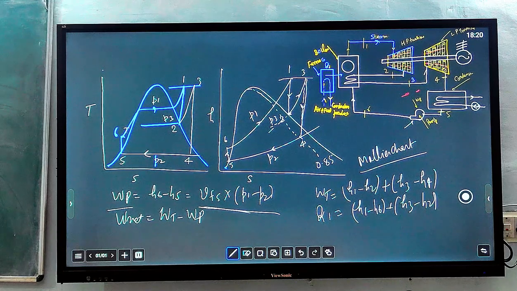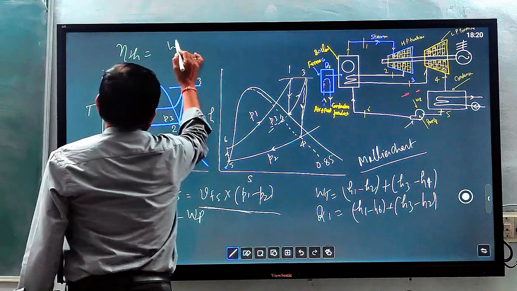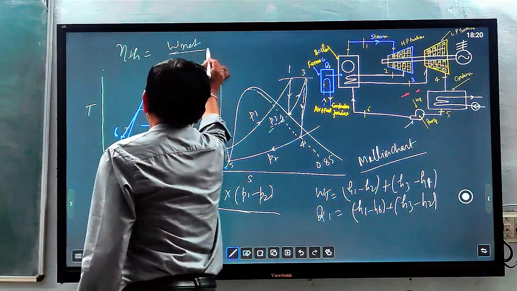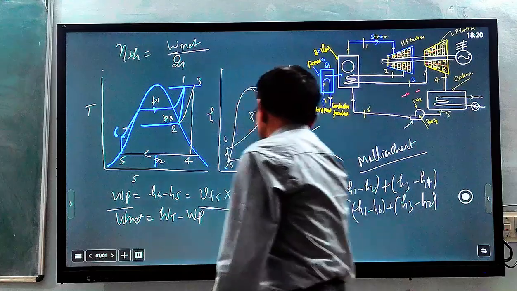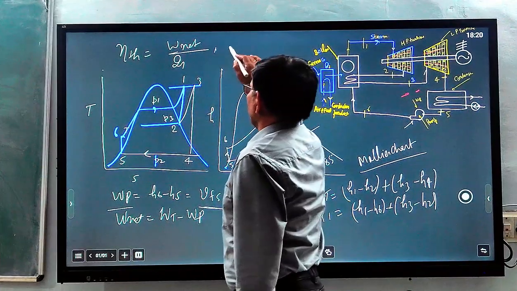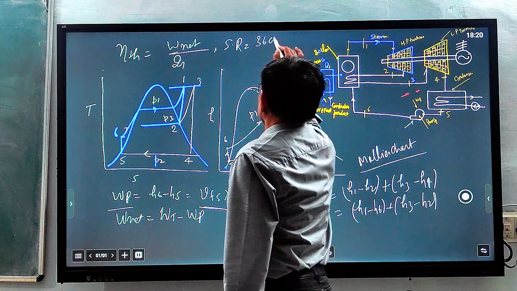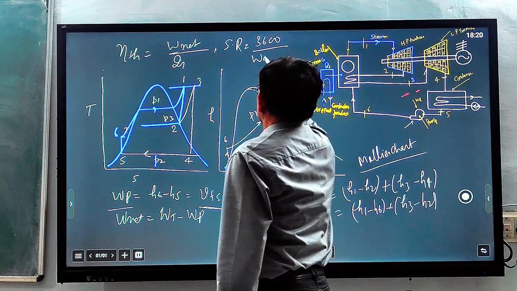So these equations you can see here, and all the rest you can calculate by using these equations, because we know that thermal efficiency equal to W net upon Q1. Q1 already we have calculated, W net you can find, and this gives the thermal efficiency, and you can find out steam rate. Steam rate equal to 3600 upon W net.